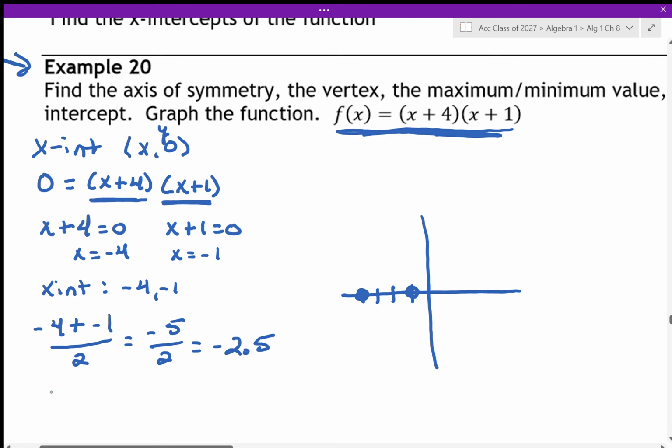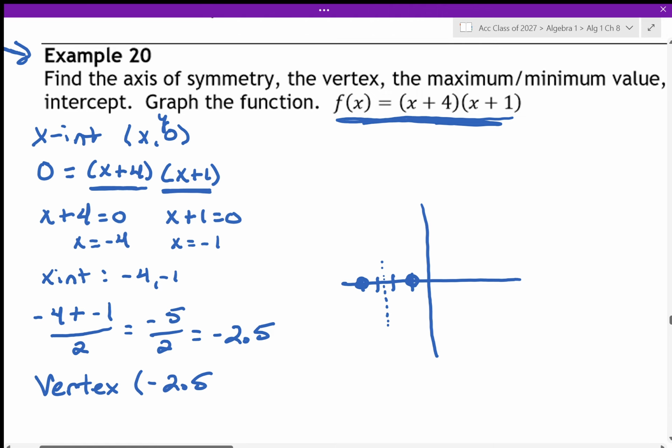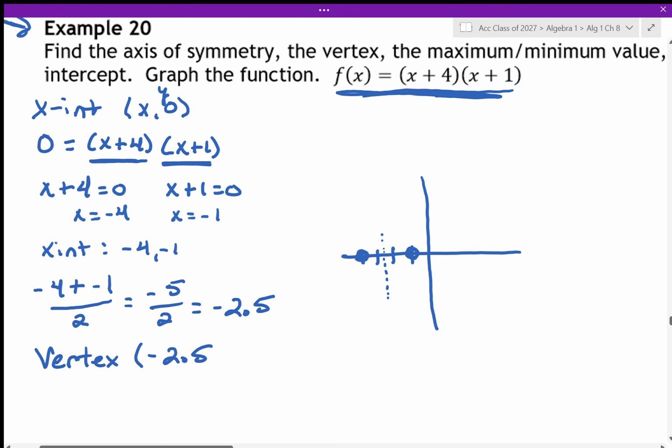So our vertex has an x value of negative 2.5. And if you look at our graph, negative 2.5 is going to happen halfway between there. So we could also say this is our axis of symmetry. So our symmetry is going to be at x equals negative 2.5.